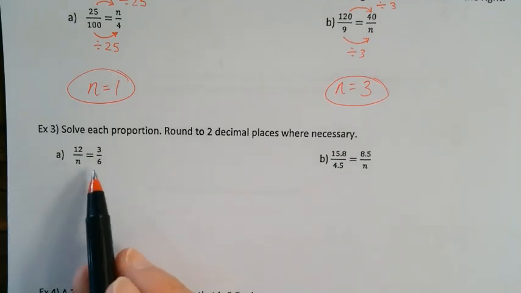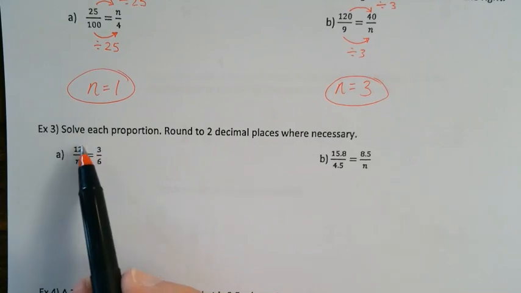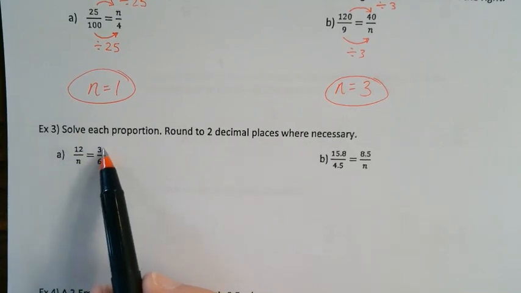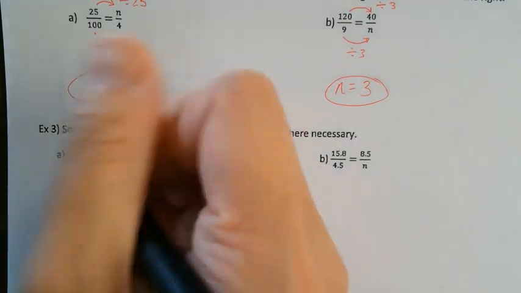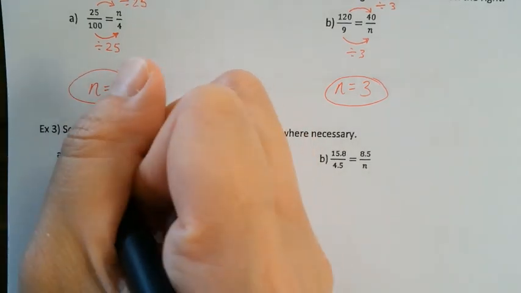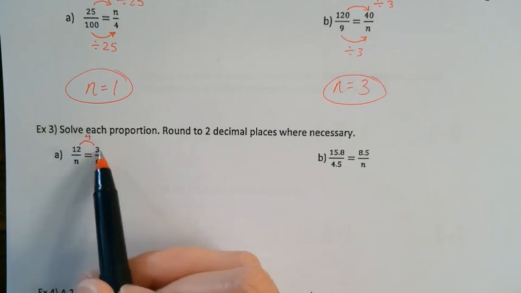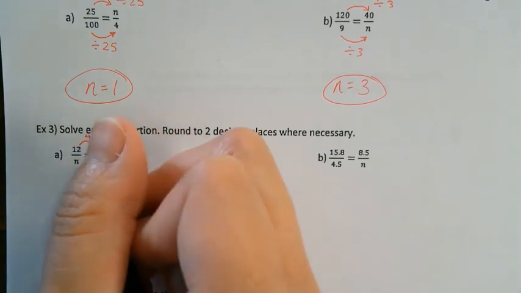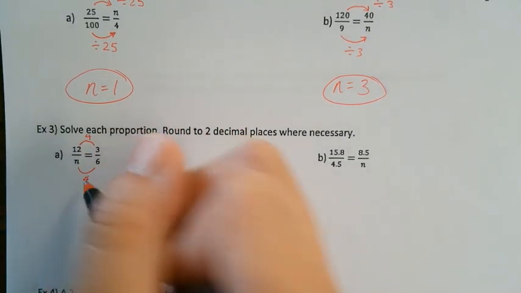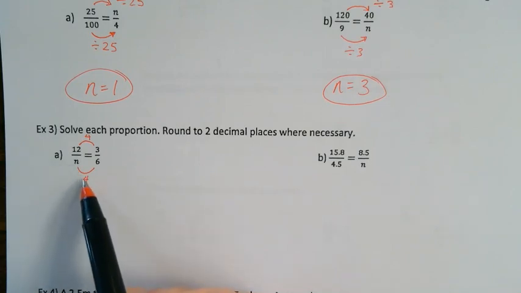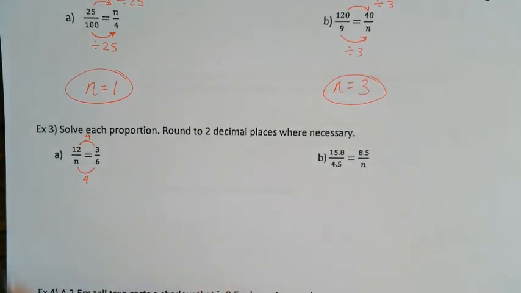So for A right here, I know I said I'd like to go from the bigger number to the smaller number. So I know that from here to here, the ratio is 4. 12 divided by 4 gives you 3. That means here, it should also be 4. Something divided by 4 to give you 6.